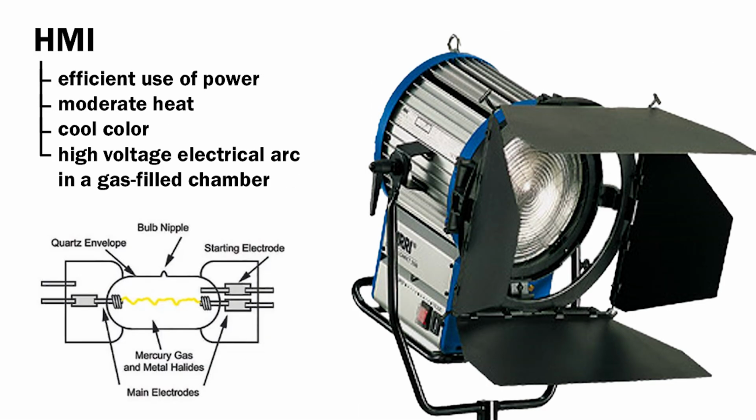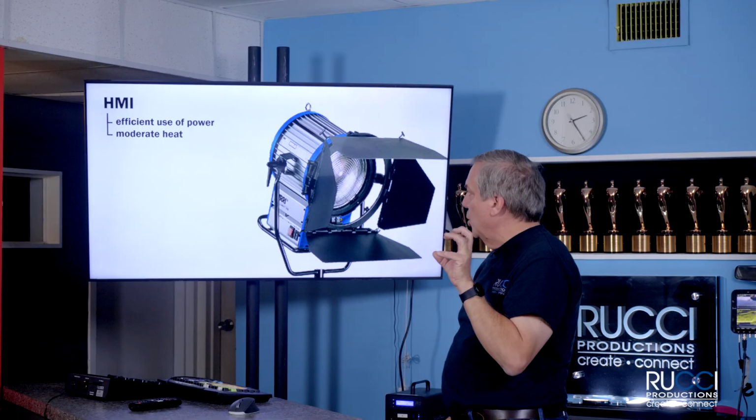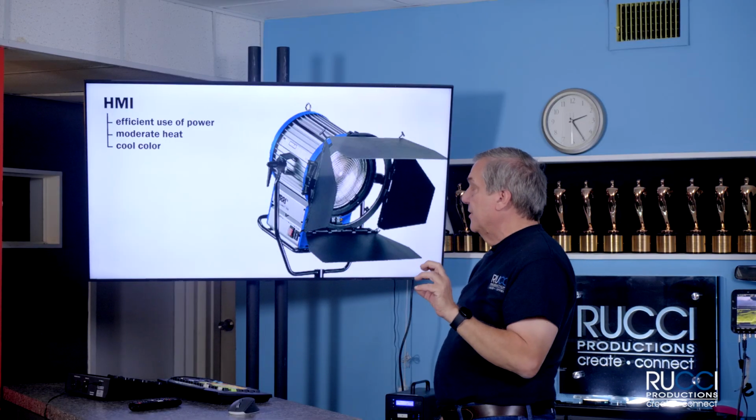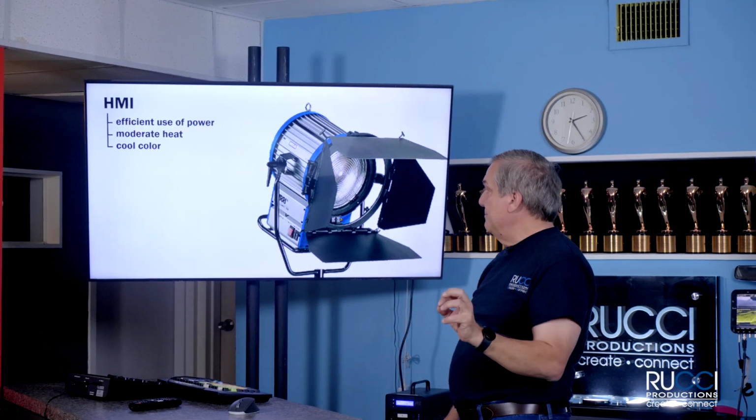So there's an HMI, which is a type of arc light. It's very efficient. It's very bright for the power you put into it. And it's an arc of electricity running through a little gas-filled globe. They don't make a ton of heat for as powerful as they are. They're daylight balanced.